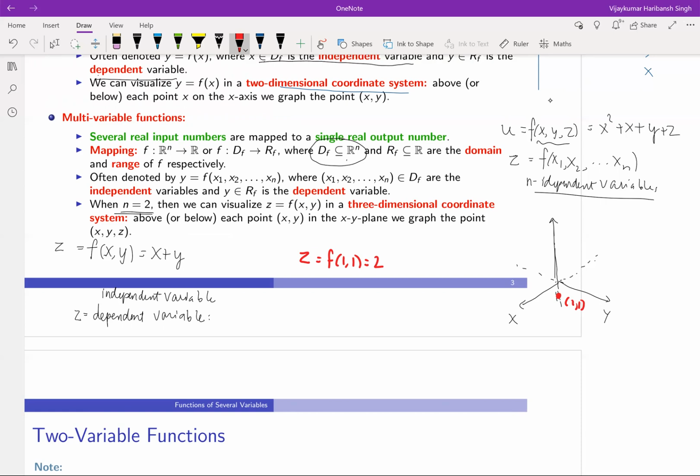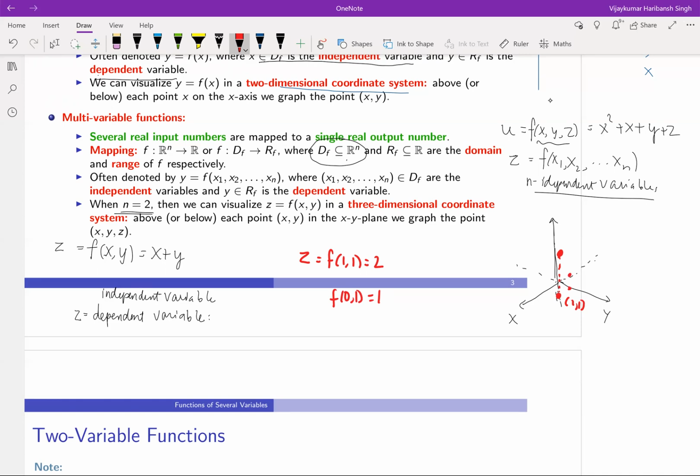So it will be somewhere here, on top of this. So if I draw slightly better, somewhere here. What will be the value at x equals 0, y equals 1? z equals f of 0, 1, which means x is 0, y is 1, is going to be 1. So about there, the value is 1.